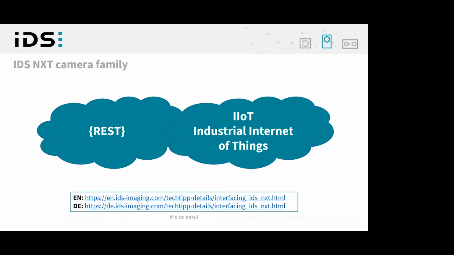And this is also the view we have on IDS NXT. We see NXT majorly as a device which operates autonomously. Therefore, we also have to provide a generic communication interface and reduce the overhead on a PC.